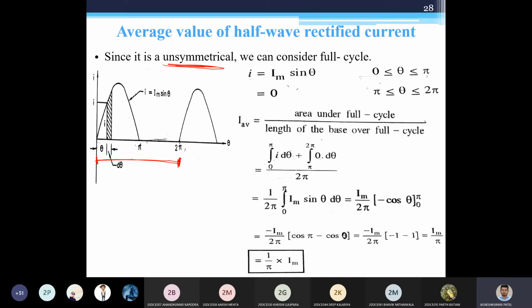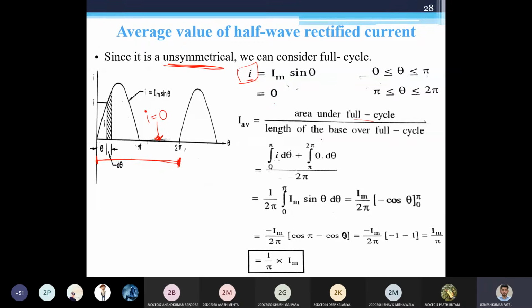Here I have two different equations for I. When I have the half cycle, I is Im sine theta, and when it becomes zero due to the rectification, I is zero. So I is equal to Im sine theta over 0 to pi, and I is equal to 0 when theta belongs to pi to 2 pi.